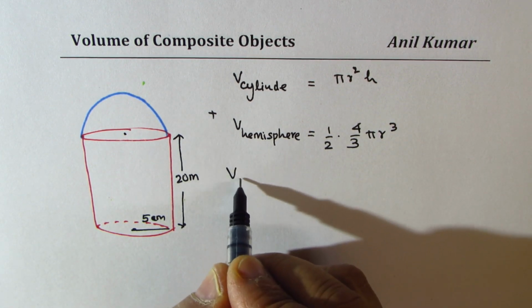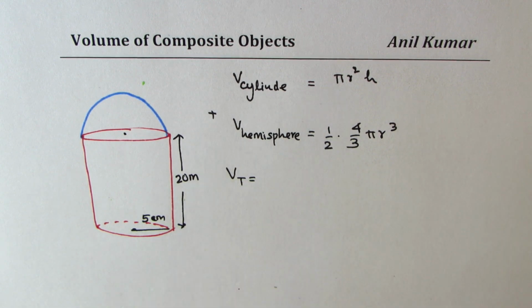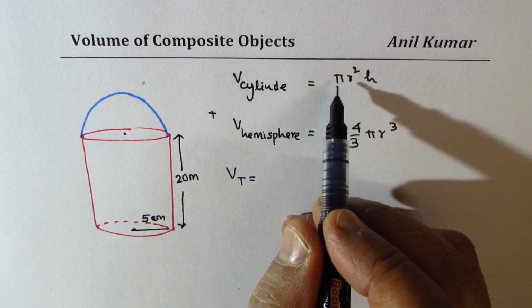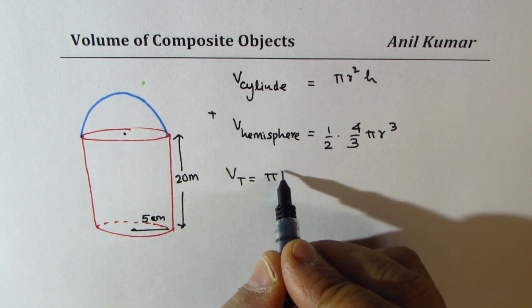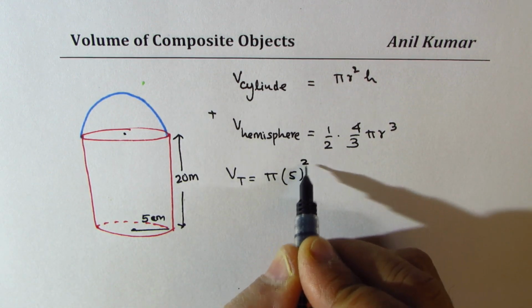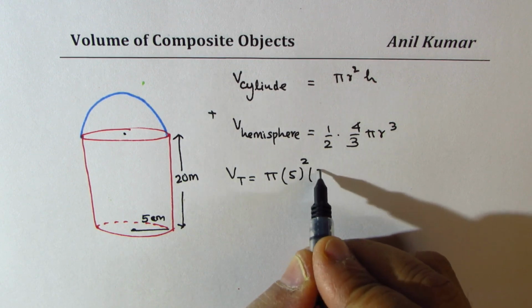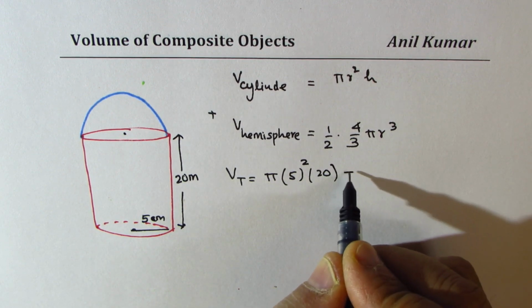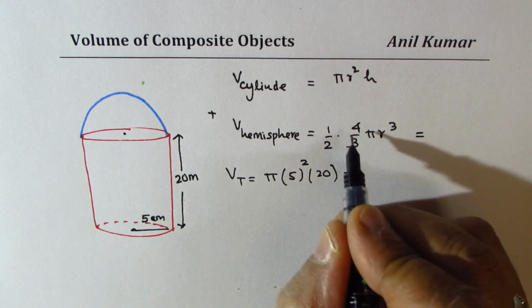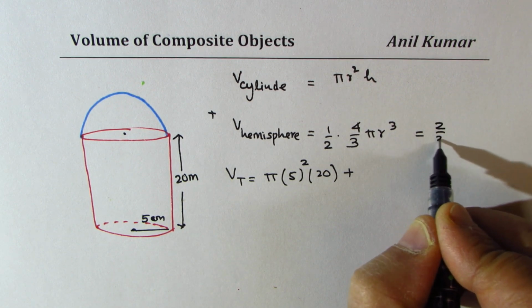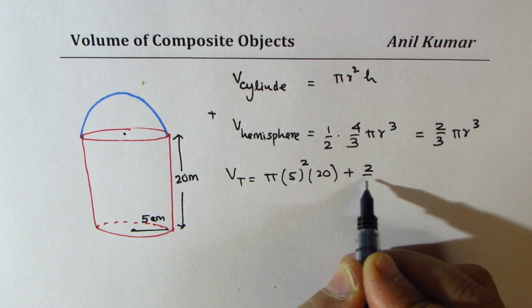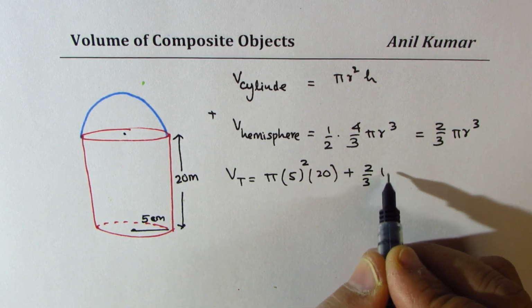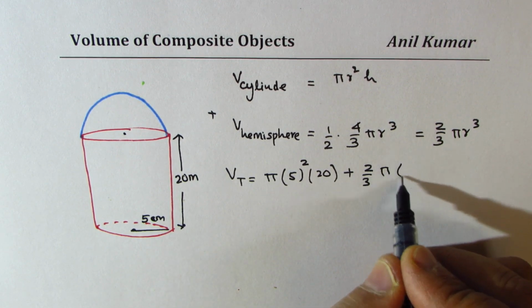So the total volume can now be written as a combination of these. So it will be pi times r square, which is 5 square, height 20, plus this could be simplified. You could write this as 2 over 3 pi r cube. So we'll write this as 2 over 3 times pi, radius cube, 5 cube.